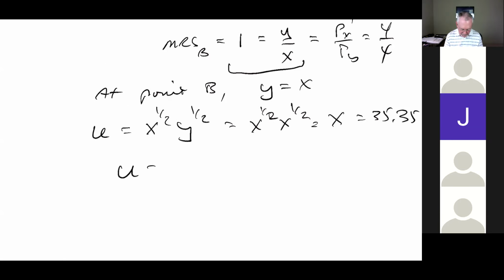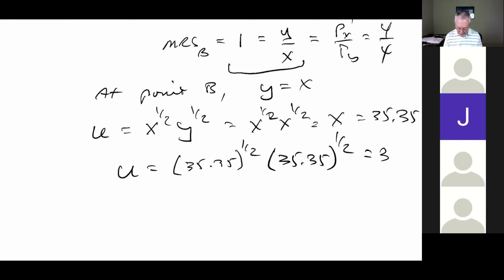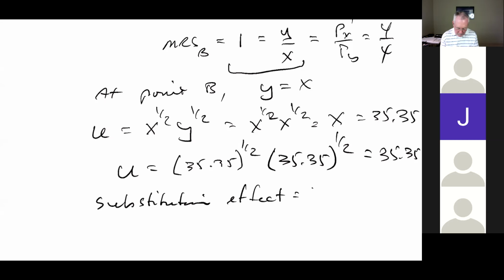Well, utility is square root of 35.35 times square root of 35.35, which is 35.35. So I have solved my problem here in that I have identified the substitution effect. And so the substitution effect is the change in quantity demanded moving along that indifference curve associated with 35.35.